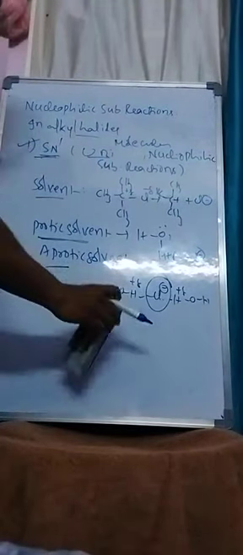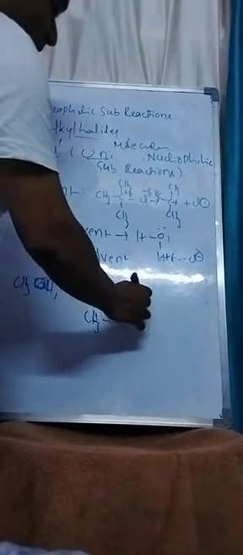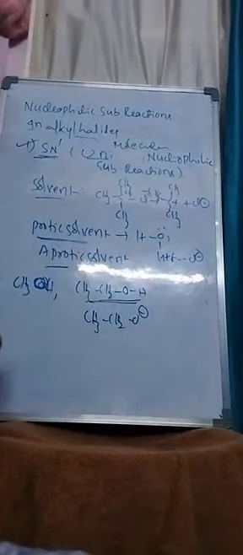Suppose in other cases we take CH3OH and CH3CH2OH. Of these two, which is the weak acid? CH3CH2OH is the weak acid, so its conjugate base is strong, and it is a strong nucleophile.